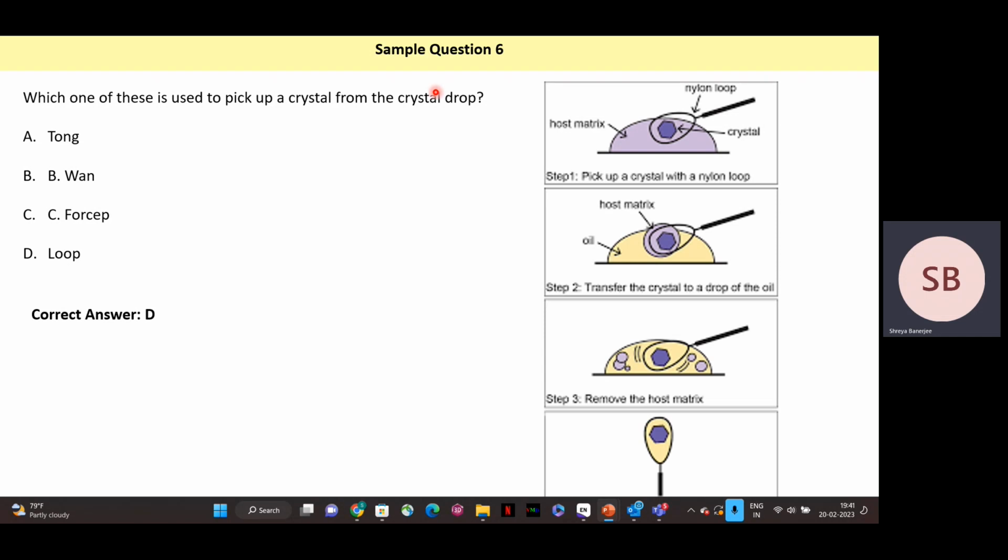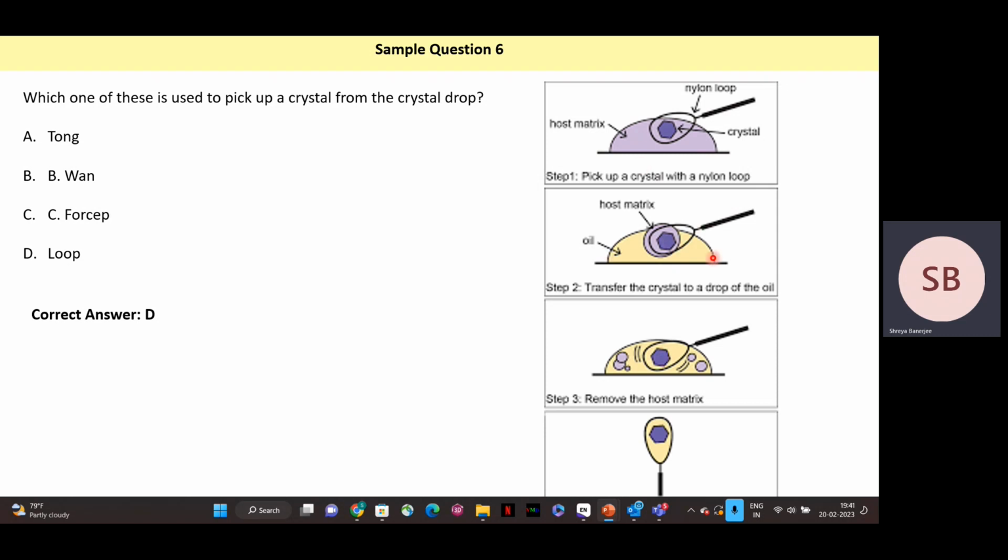So if you recap, basically you have your buffer solution with the precipitant and your protein crystal, which you also call the host matrix. So you use a nylon loop to pick it up, and then you transfer the crystal to a drop of oil.